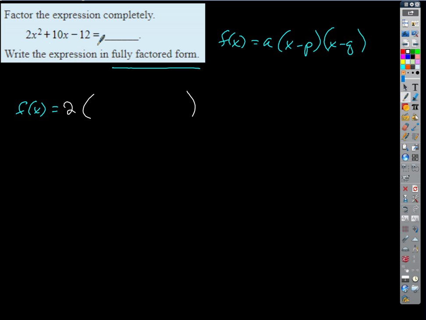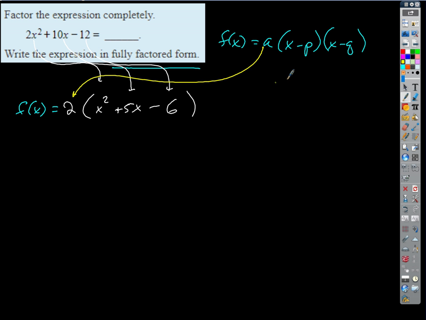If I divide each of those terms by 2, what's the first term give us? x squared. Second term, 5x. Third term, -6. Okay, good. So right away we can see that a equals 2, right? Okay. Now what?